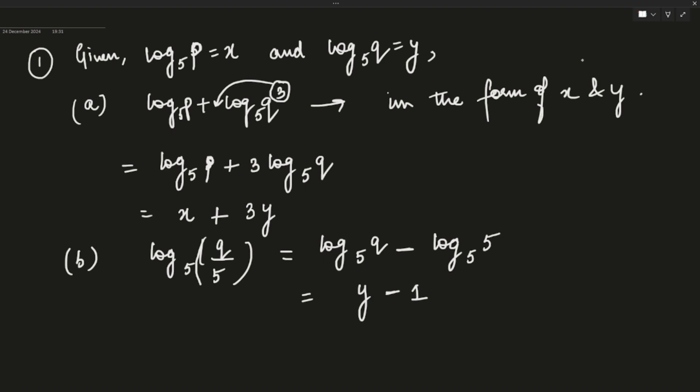So in this case, we are just writing our expressions in the form of x and y. So we apply the laws of logarithms in solving these types of expressions.